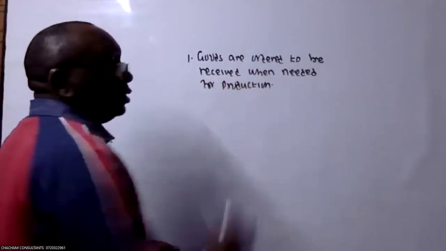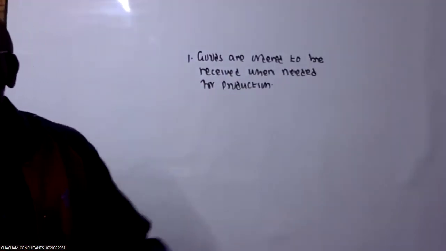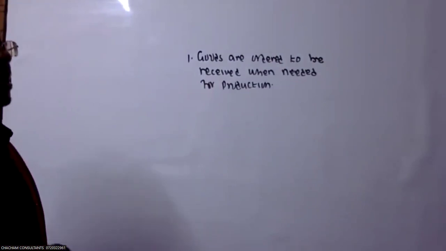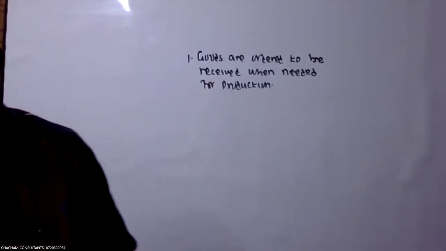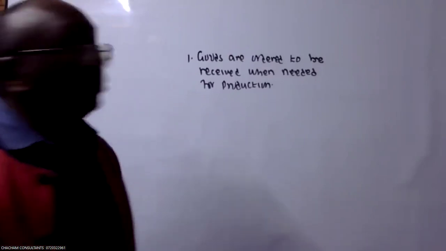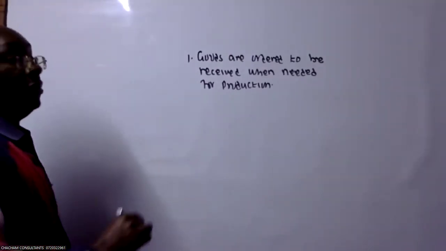Yeah. So you order raw materials. Actually, I should have talked of raw materials. That's the correct word. So you order raw materials to be received exactly at the time you need them for production.